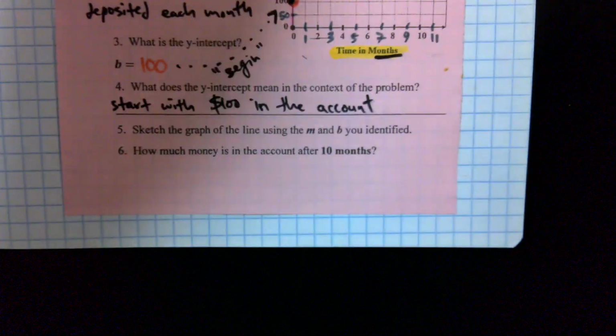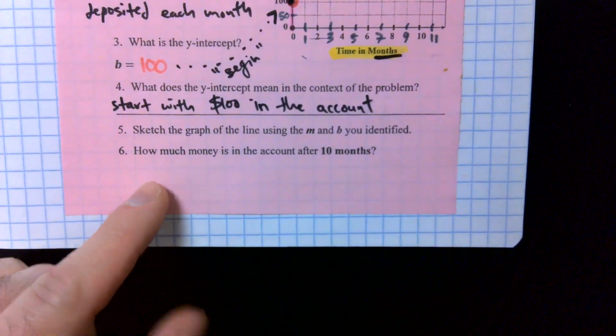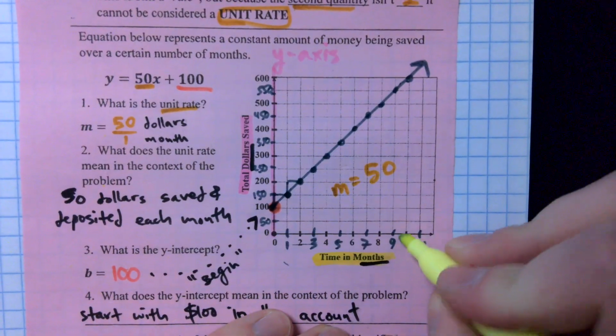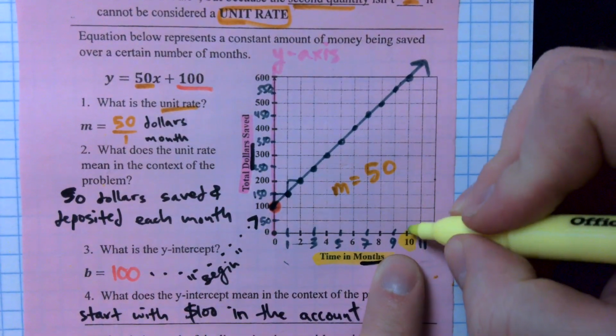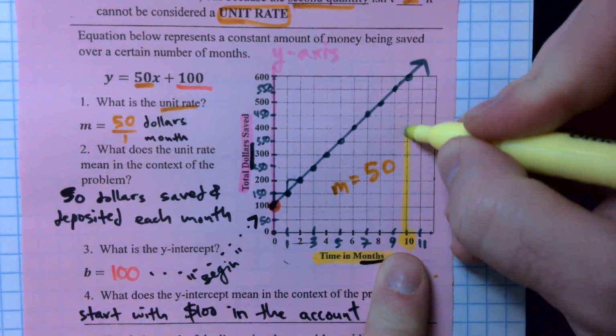Now, an additional question. How much money is in the account after 10 months? Let's look at the graph. Where do you see 10 months on this graph? On the x-axis. We did this a lot with an Alex assignment, I remembered, because I explained it 40,000 times. We go up, up, up, up, up.